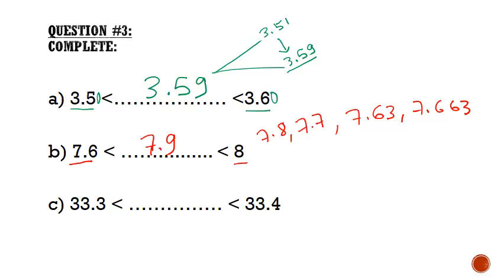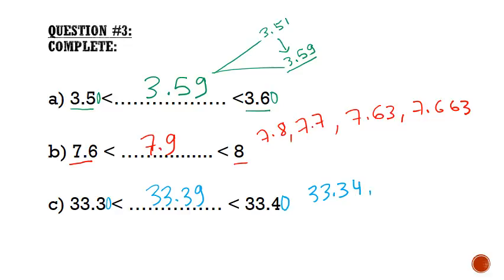The third one. Yes, Hadi. 33.39. Very good. So I put here 0 and here 0. What do I get? 39. Who can give me another answer? Yes, Tia. 33.34.